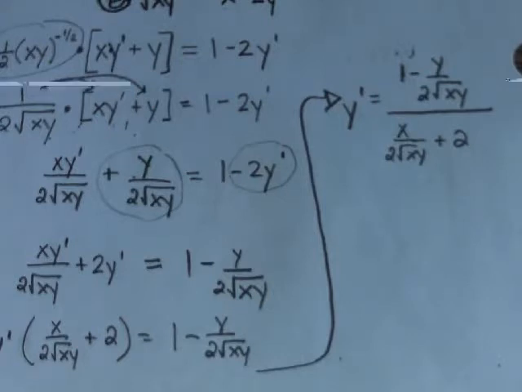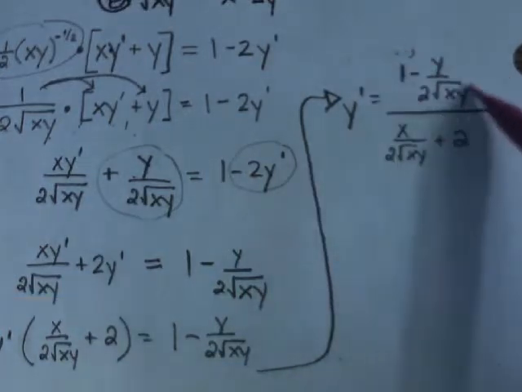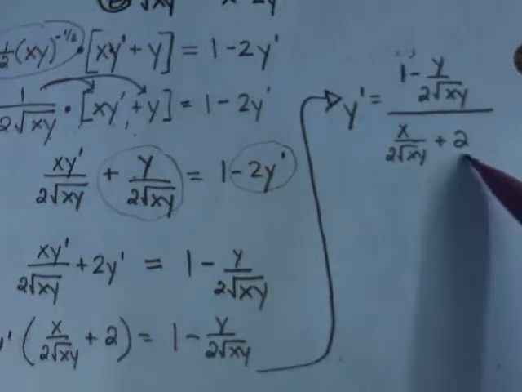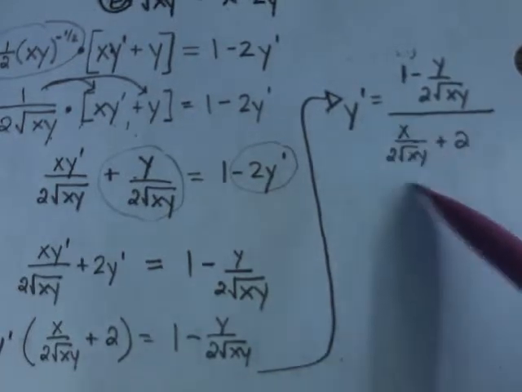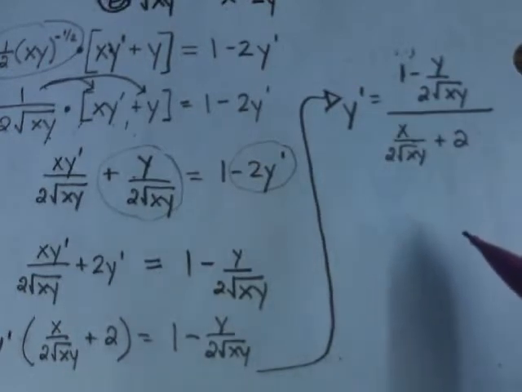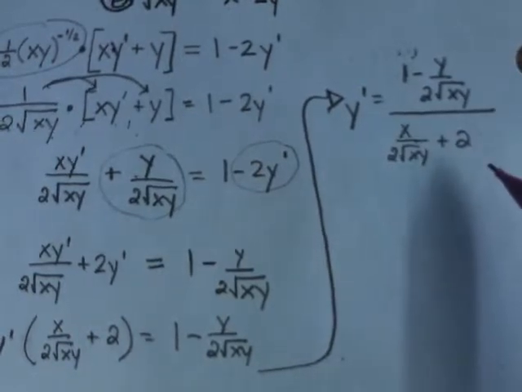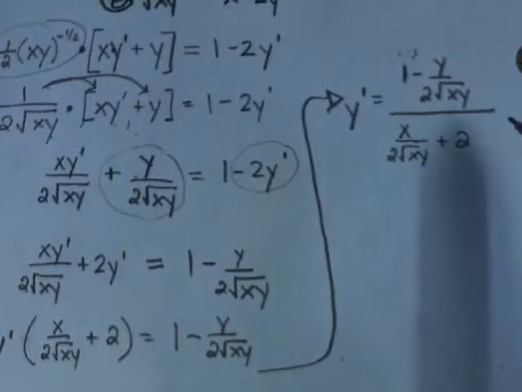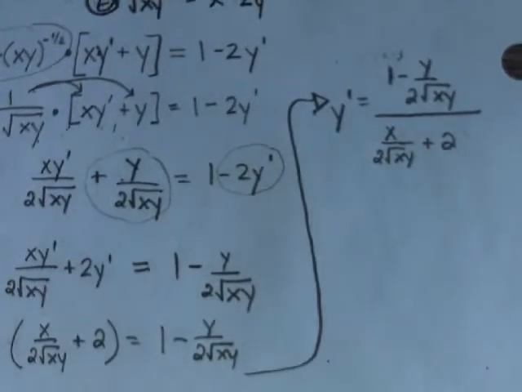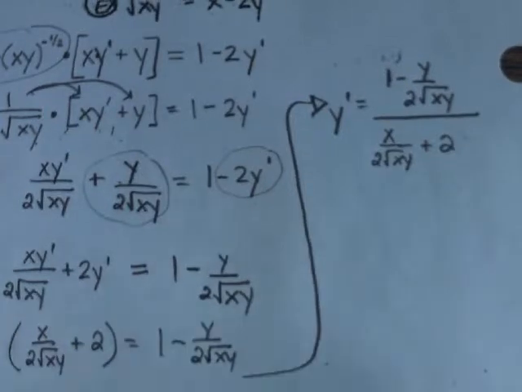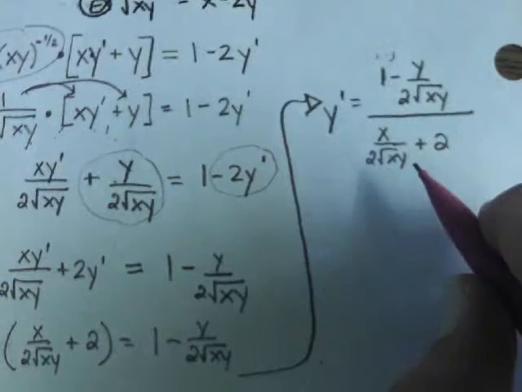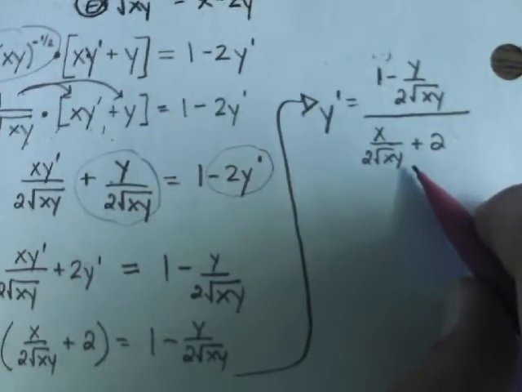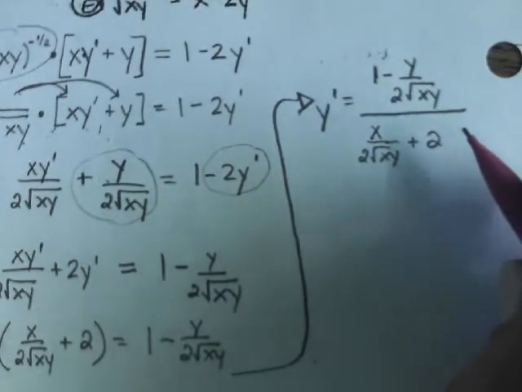But if you look at all of the denominators of the fractions within your fraction, if you just multiply by the least common denominator over itself, and in this case it's clearly 2 root xy, in other words, multiply the overall numerator by 2 root xy and the denominator by 2 root xy, that's going to clean things up so much more quickly.